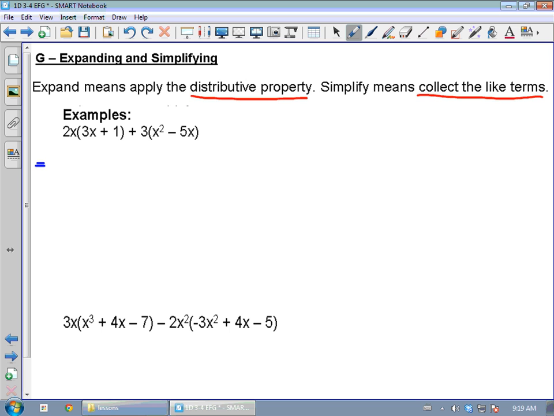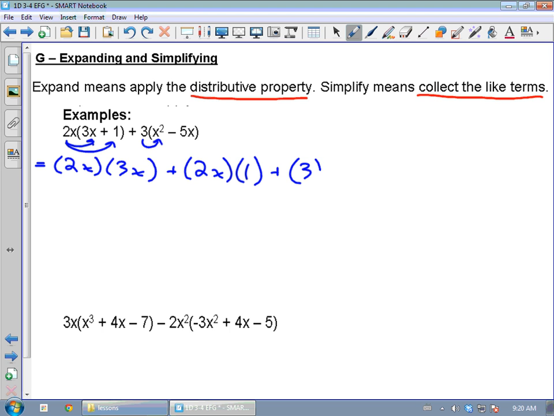First I'm going to do 2x times 3x plus 2x times 1. To this I'm going to add what I get when I expand my next polynomial. I've got 3 times x squared, and then 3 times negative 5x.